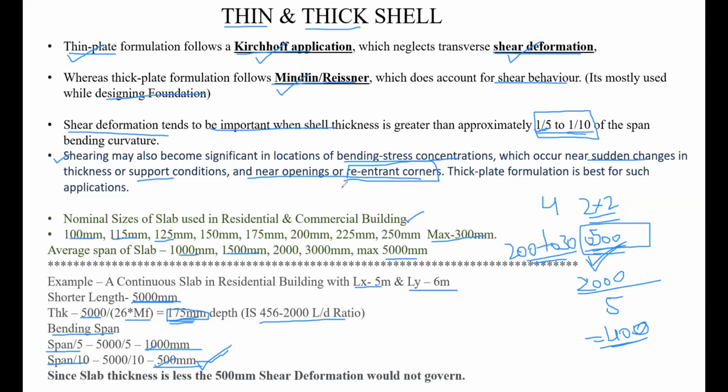We will see when we cover the IS 1893 code for earthquake resistant structures. In that case, thick plate formulation shows a better result, because if there is a sudden change in thickness or there is an opening, there might be a shear deformation which would be more critical than bending. So in that case, thick plates need to be modeled.